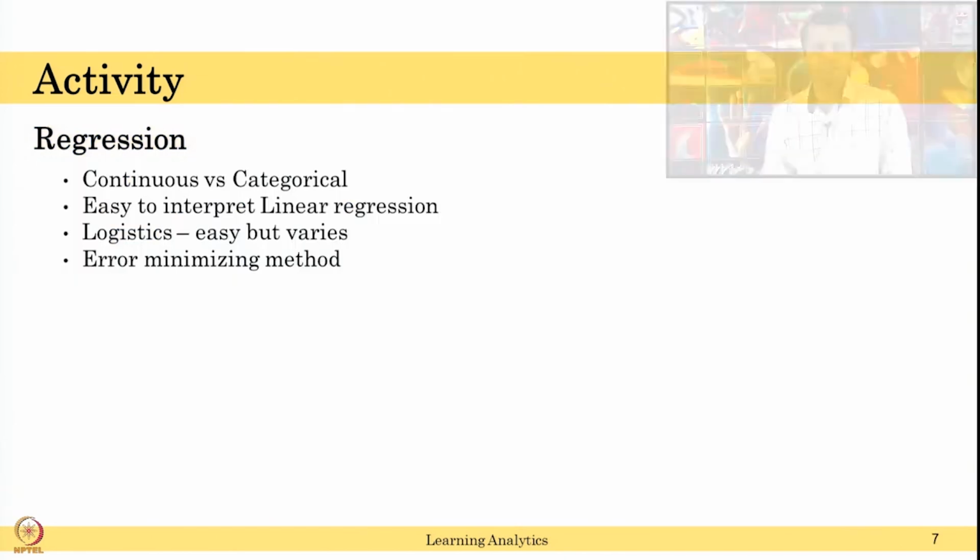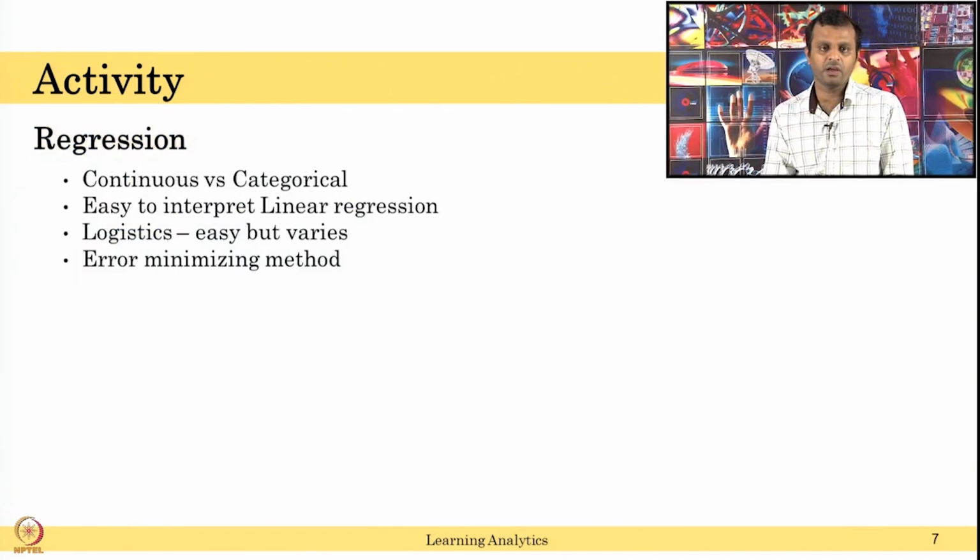So, it is simple: it is continuous versus categorical data. Linear regression is continuous, and logistic regression is categorical: yes or no, pass or fail, or multiple classes, not just two classes, binomial or more. Do not think logistic regression will be only two classes; there are multiple ways to do multi-class classification. And linear regression is easy to interpret.